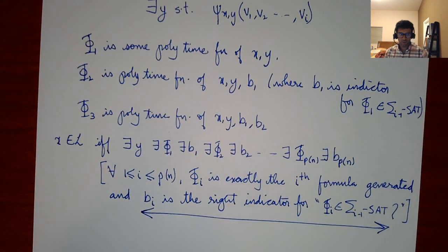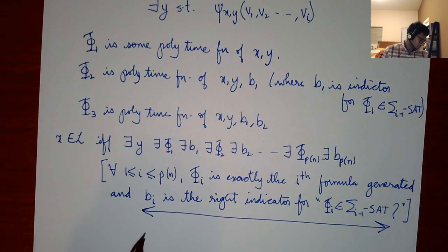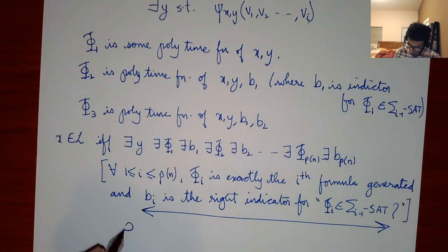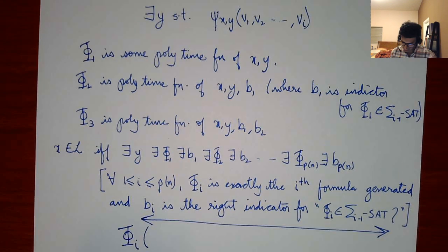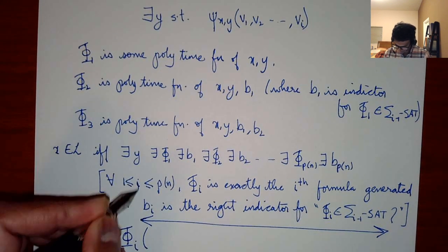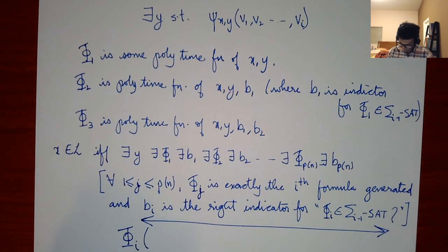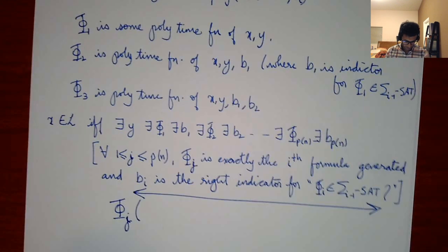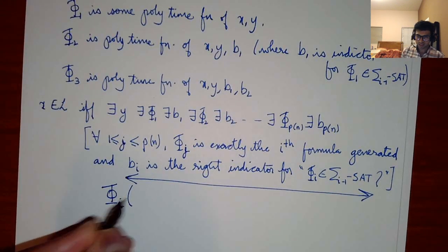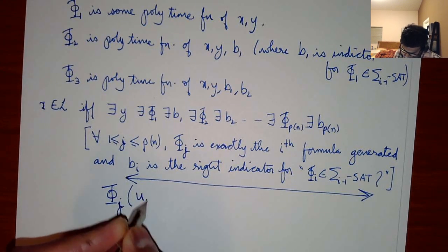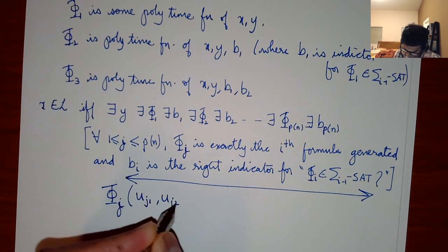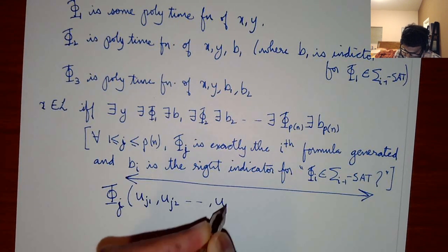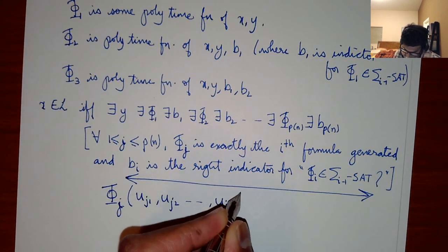The way one would do this is, let me write it in the following way. I is probably not the right index, because we're using i for something else. So each sigma j here is going to have, as its input, u j1, u j2 up to u j i minus 1.